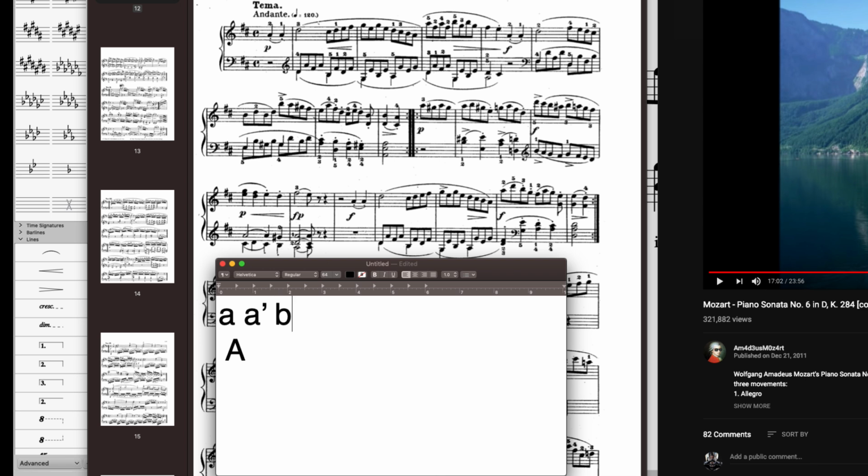So now what we're talking about is B. This is B. But what about this? Dun dun dun dun dun dun dun, dun. Isn't that the same as that? Dun dun dun dun dun dun dun, dun. It's exactly the same, actually. So here we have lowercase a again.